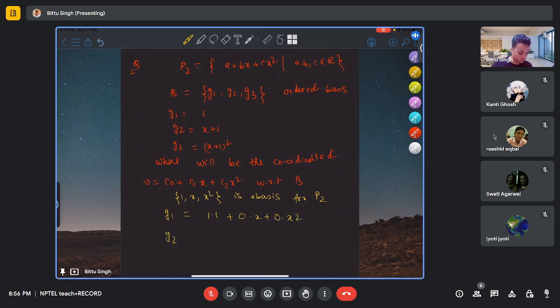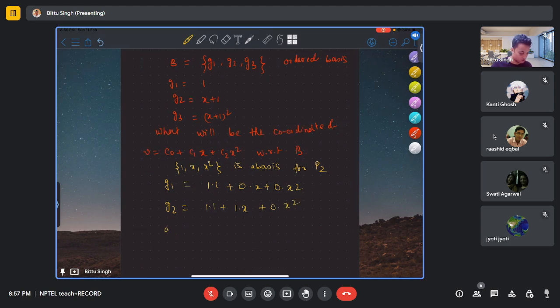Similarly, G2 can be written as 1 times 1 plus 1 times x plus 0 times x square, and G3, expanding, is x square plus 2x plus 1, so 1 times 1 plus 2 times x plus 1 times x square.